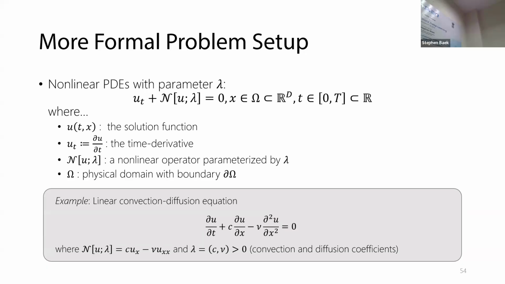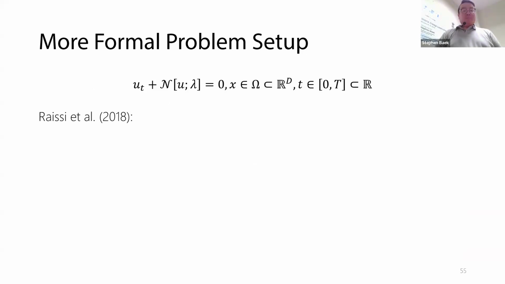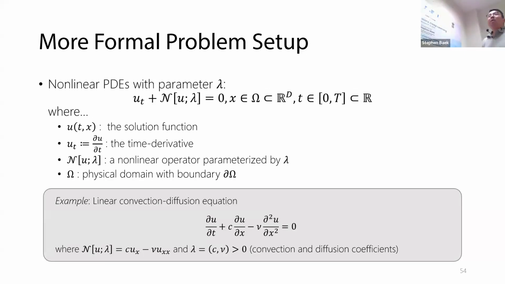And what that nonlinear operator does is to take a function u and then spit out the derivative du dx minus d square u dx square. So in this example, we have a linear PDE, but you can see that any generic nonlinear cases can be covered by this representation.